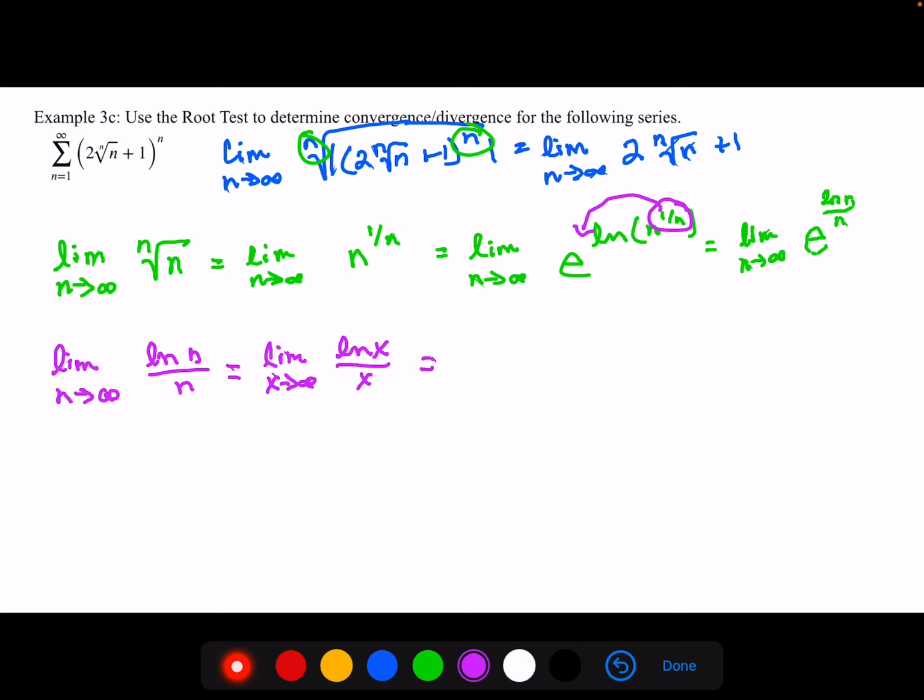Now, since this is an infinity over infinity, we can apply L'Hopital's rule and obtain that this equals the limit as x goes to infinity of 1 over x divided by 1, which equals 0.